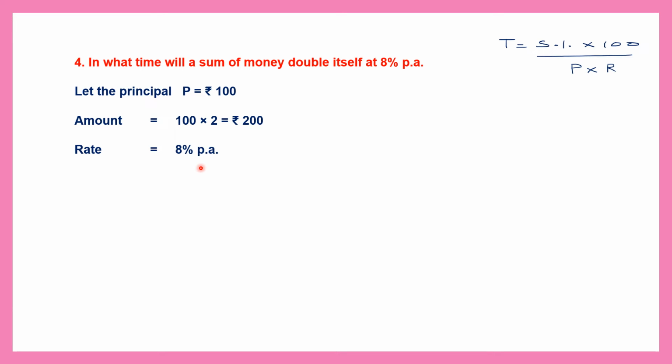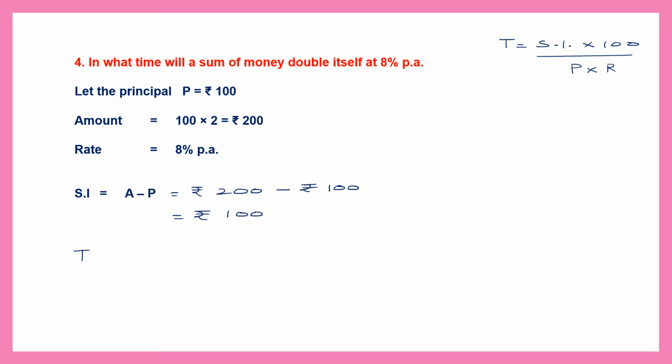Now we're going to find the simple interest by saying simple interest is equal to amount minus the principal. And amount here, we have to consider it to be 200 minus the principal, which is 100 rupees. So this will be 200 minus 100 is 100. So simple interest is 100 rupees. Now we can find time.